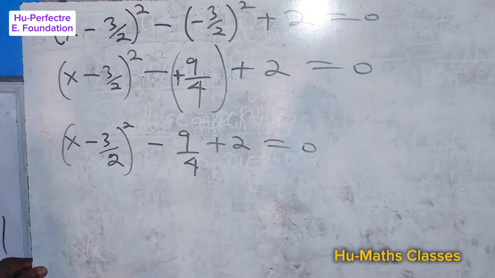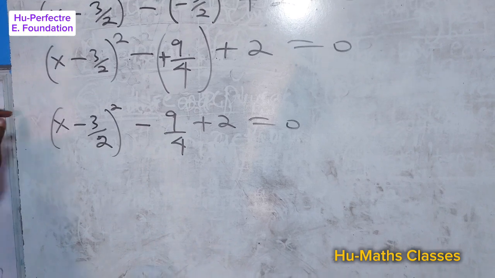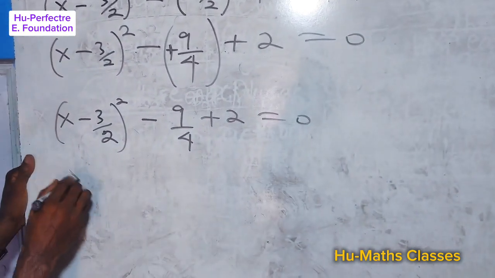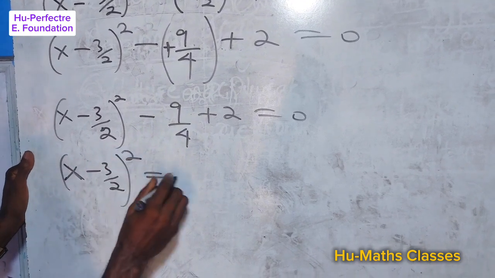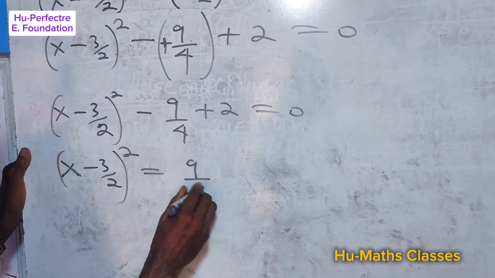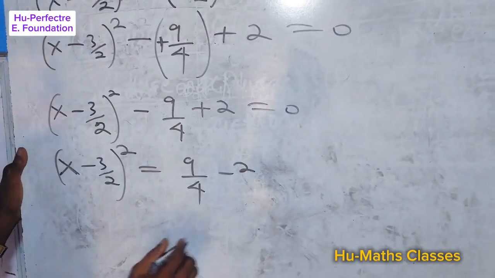Remember, we are still trying to make x the subject of the relation. We want to find the values of x. So these numbers will move to the other side of the equation. We'll have x minus 3 over 2 all squared is equal to, when minus 9 over 4 leaves, it becomes plus 9 over 4. And when plus 2 leaves, it becomes minus 2 over 1.